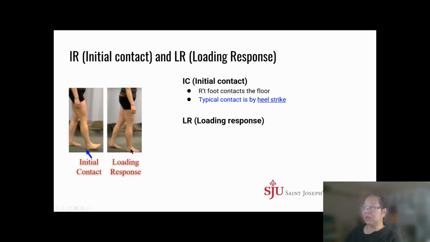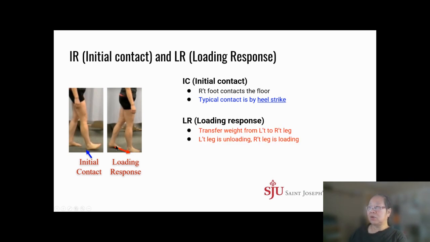So it's called loading response for the right side. So the weight is transferred from left to right. Both legs are in contact with the ground, so it's a double support. But the right side is in loading and the left side is in pre-swing.